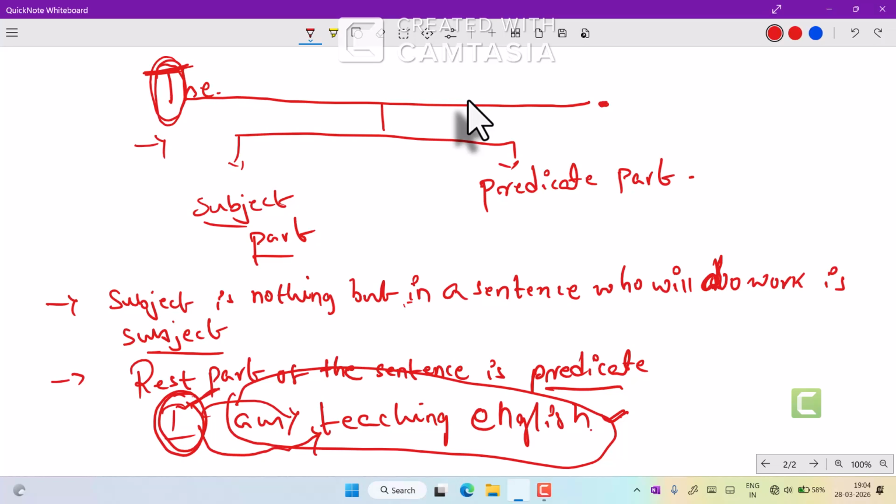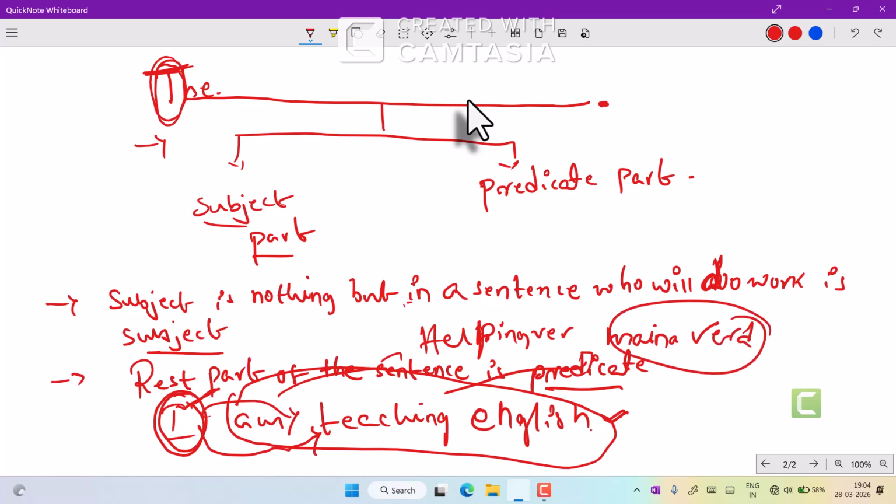In this predicate part, we have one helping verb and one main verb. Now again you have to remember this V4 form. Teaching is the gerund form or V4 form we discussed in the class.